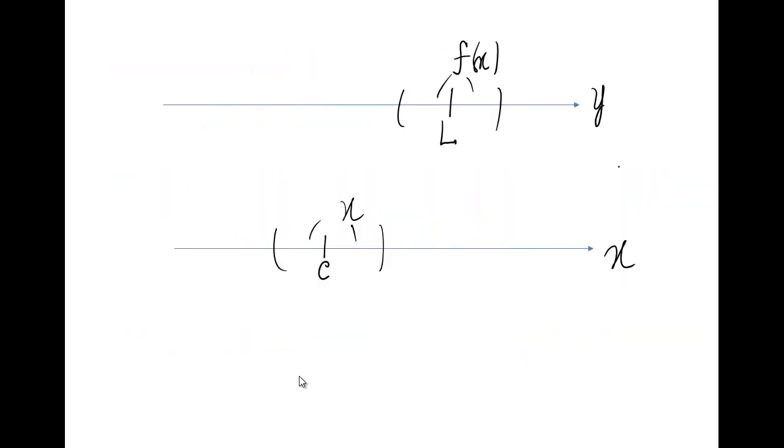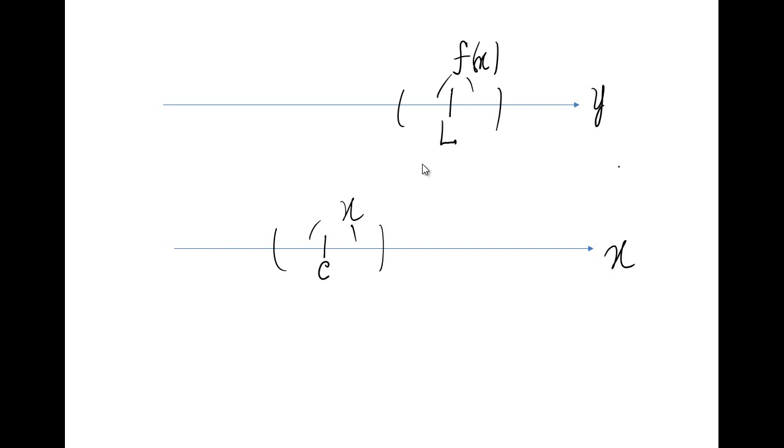Okay, so let me explain the definition of the limit one more time. When we are looking at the limit of f of x as x approaches c, is the limit of f as x goes to c equal to the number L?